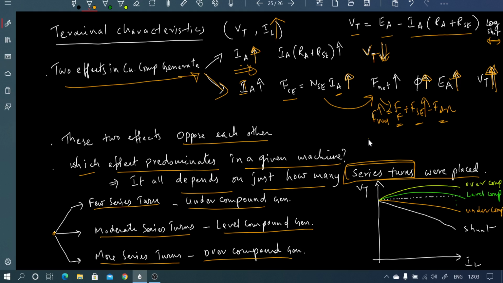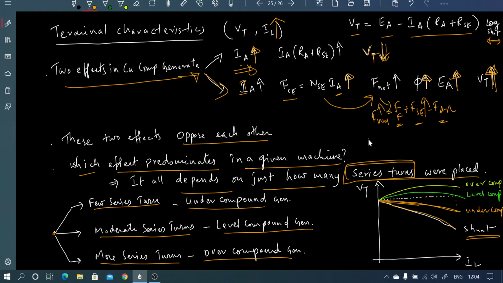The first characteristic is the shunt generator characteristic. Due to the series field winding placed in addition to the shunt field, the overall MMF in the machine increases. That is why the characteristic rises.